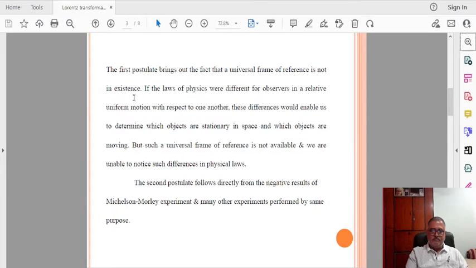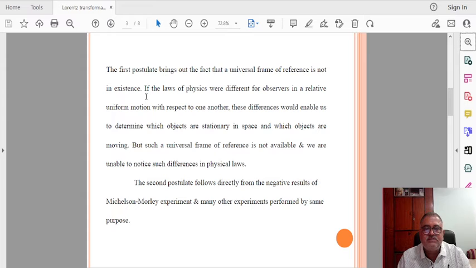As per the first postulate, he says that the universal frame of reference is not in existence. The first postulate, we will recall, was that the laws of physics are the same in all inertial frames of reference.